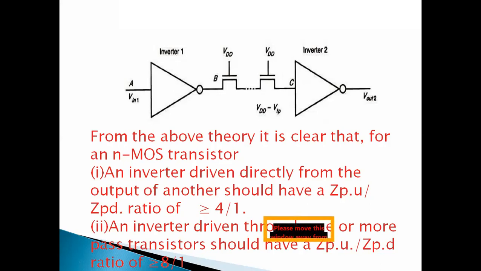Third question is purely the Zpu to Zpd ratio, that is, 4:1. These are the 3 important questions in the second module.